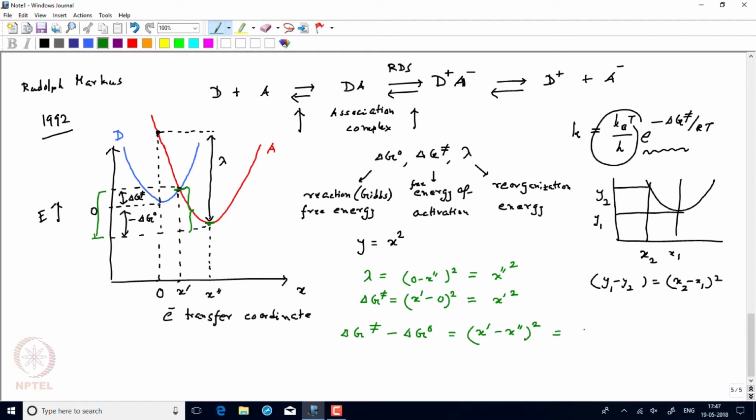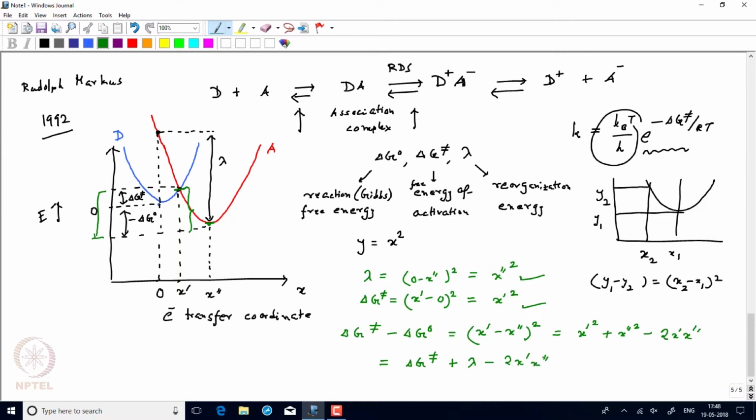It will be x prime squared plus x double prime squared minus 2 times x prime into x double prime. Now we can substitute the values. x prime squared, I know, is delta G dagger, and x double prime squared is the reorganization energy lambda, and then I also have the 2 x prime x double prime term, which I can just write like this.